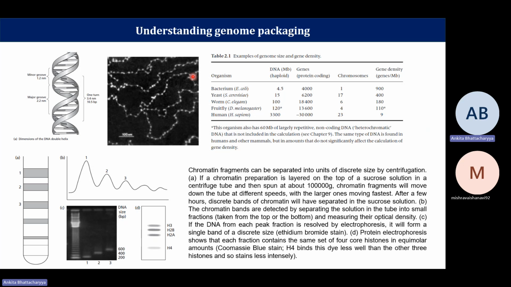Now, to interpret the actual need for this sort of extensive genome packaging, you can see that different types of organisms, whether prokaryote or eukaryote, depending upon how evolved they are, differ in a lot of parameters. For example, you can see the comparison here between E. coli, Saccharomyces cerevisiae, Caenorhabditis elegans, Drosophila, and humans.